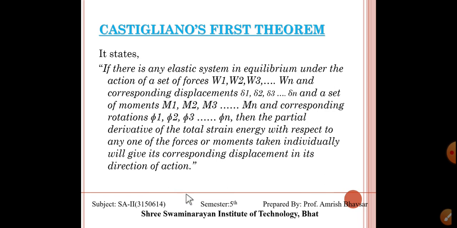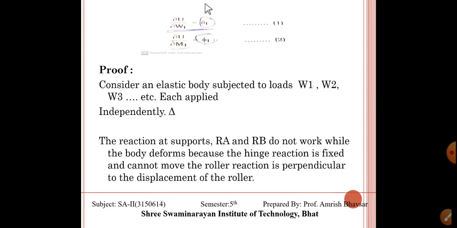It will give us individual rotation and individual displacement. Now, this is the equation: del U upon del W1 is equal to delta 1, and del U upon del M1 is equal to phi 1. Same way, del U upon del M2 gives us phi 2, right?